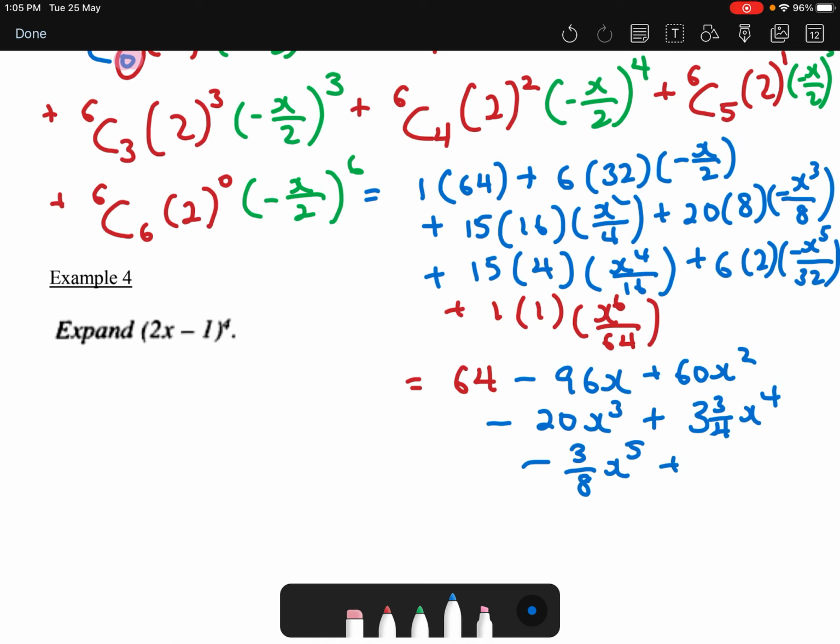Last term will be x to the power of 6 over 64. So this will be your expansion.